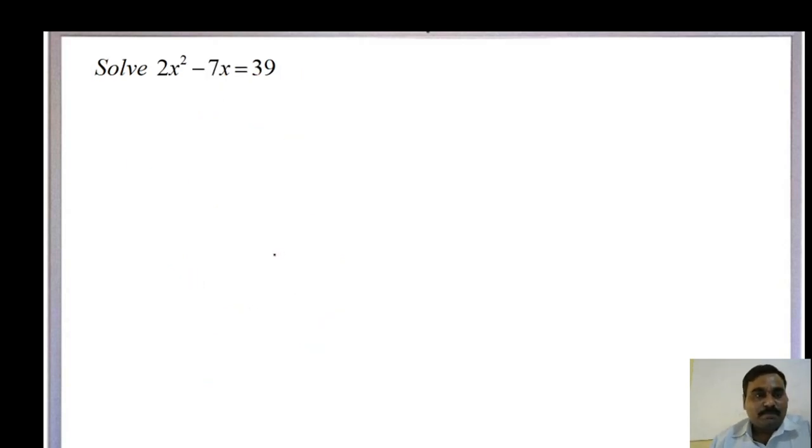2x square minus 7x is equal to 39. This seems to be in the standard format, but one particular term, 39, is on the right side. If we take it to the left side, we get the standard format, that is 2x square minus 7x minus 39 is equal to 0. Now we got a trinomial.